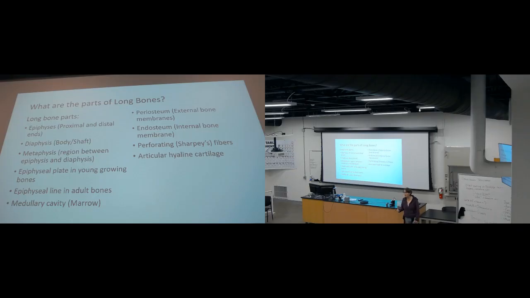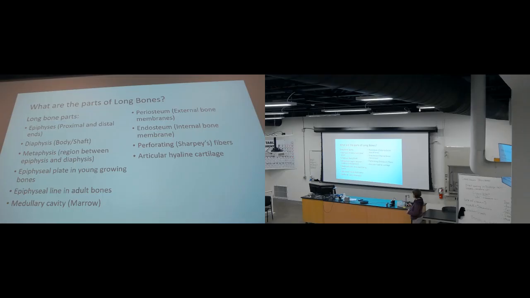The ending of the bone that is closer to the point of origin will be the proximal epiphysis, while the ending of the bone that is away from the point of origin will be the distal epiphysis. Another name for the middle part of the long bone is diaphysis or body. So you have three names for that middle part: diaphysis, body, or shaft.